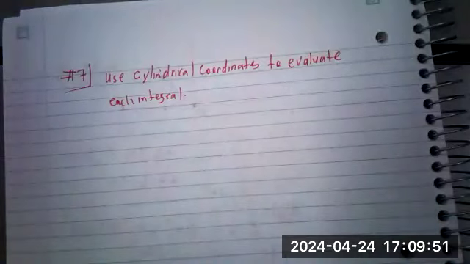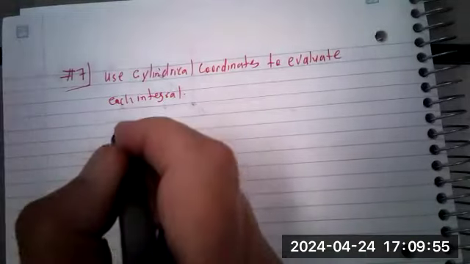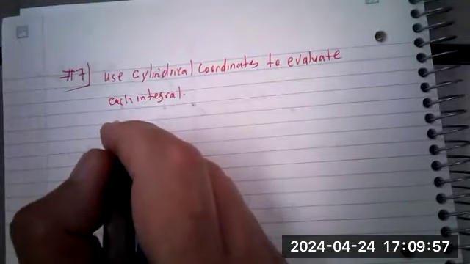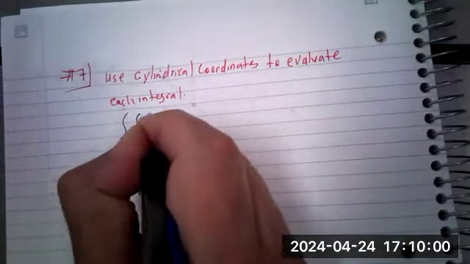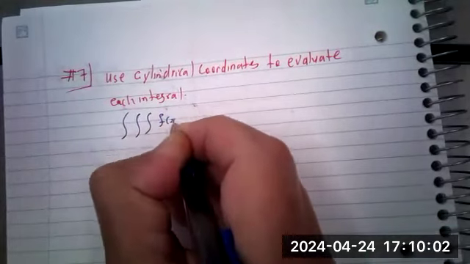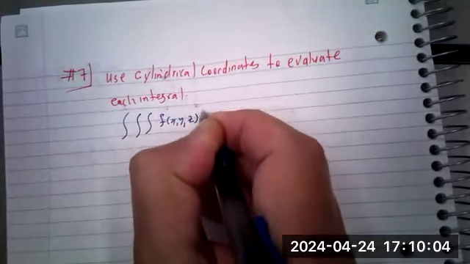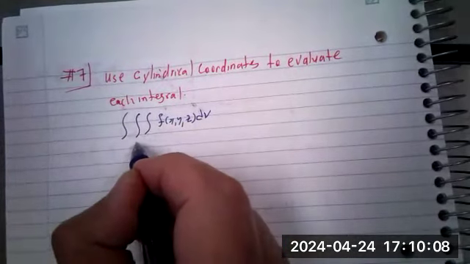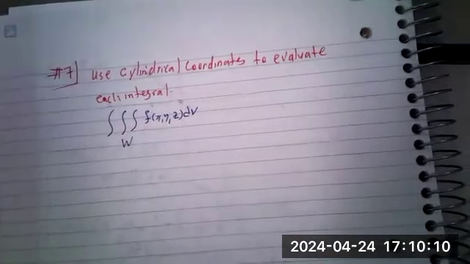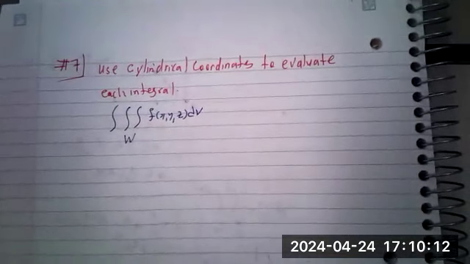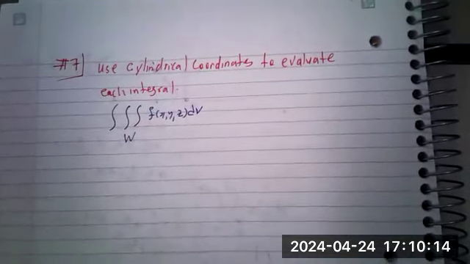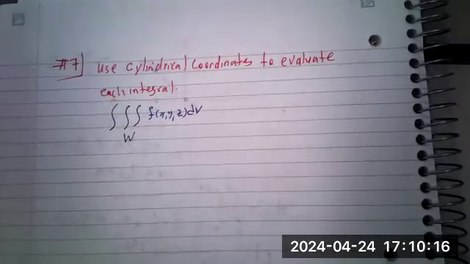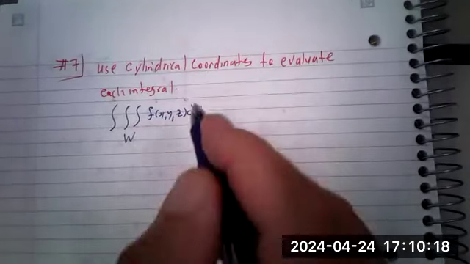You know the formula: you are going to have a triple integral of f of x, y, z, dV, on the given domain. If you want to do the cylindrical one, you change the x and the y into polar coordinates, and you keep the z as is.